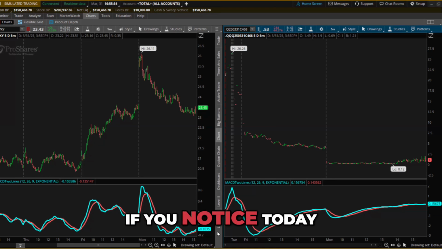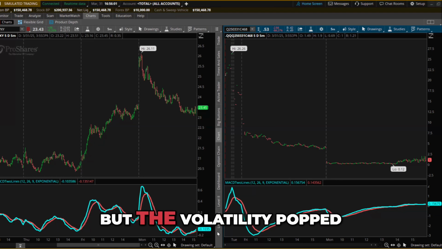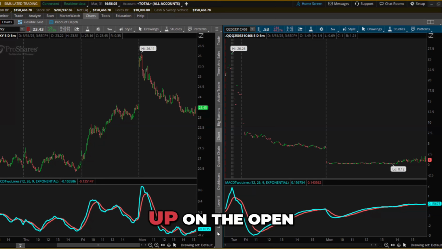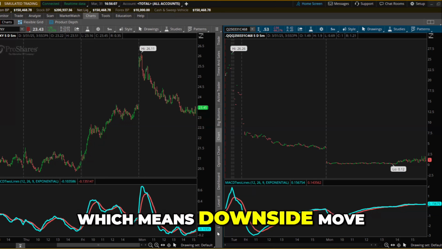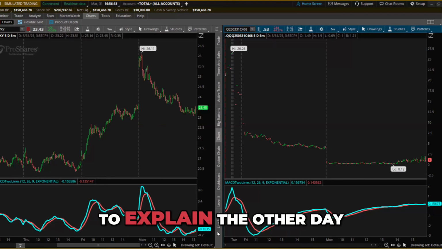Well, if you notice today, not as if there was any divergence or anything, but the volatility popped up on the open, which means a downside move in the market. But that's why you can't follow it, because there's no pattern. And that's what I was trying to explain the other day.